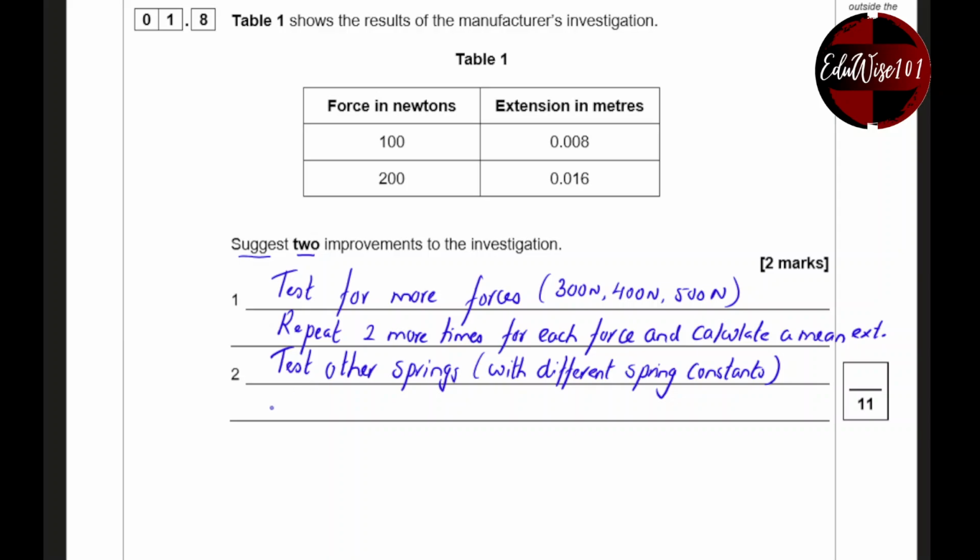And you could also test each spring, or each spring's limit of proportionality.